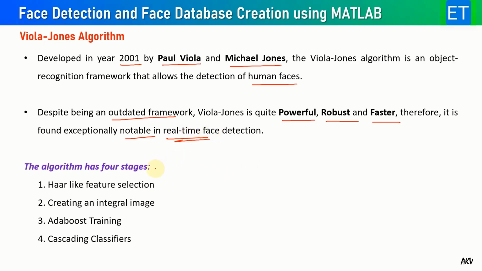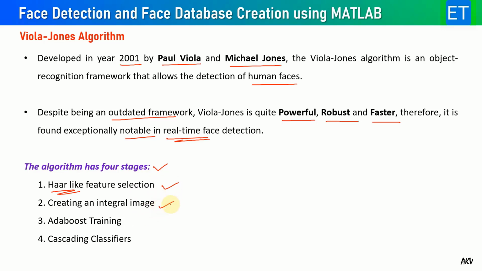There are 4 stages of this algorithm. The first one is it uses the Haar-like features for detecting the shaded areas, various areas in images. For example, the eyes are darker than the cheeks area, while the nose bridge is much brighter than the eyes area. So some Haar-like discrete features are used in this algorithm.